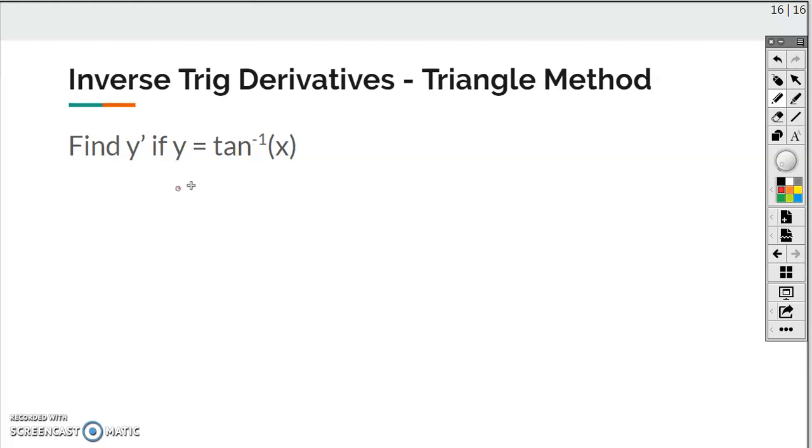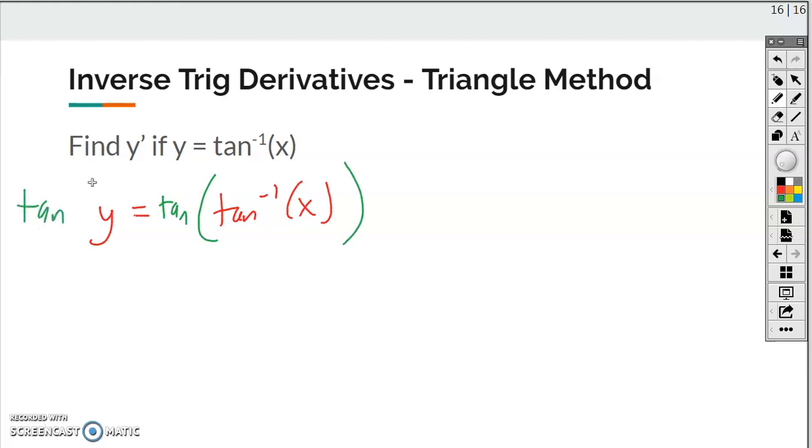So if I start with y equals tangent inverse of x, to get the tangent inverse to the other side, I can just take tangent on both sides. So the tangent of y is going to equal x, because tangent and tangent inverse cancel each other out.